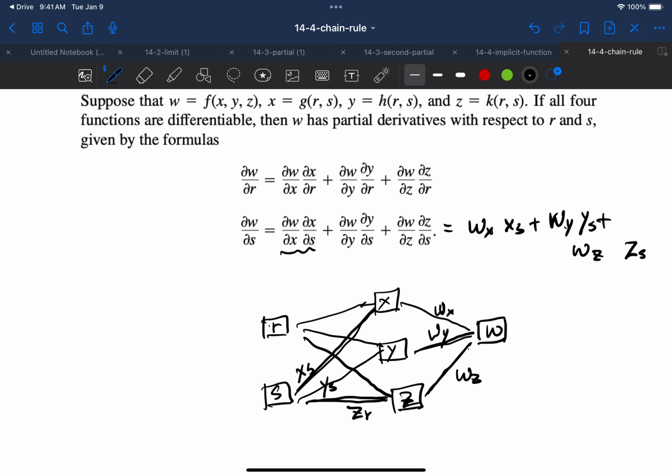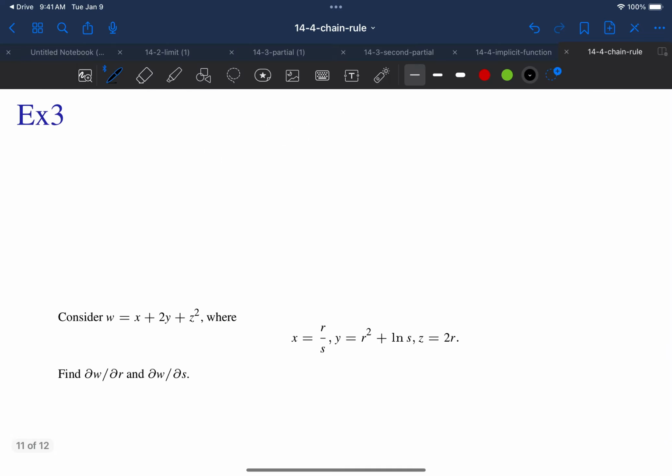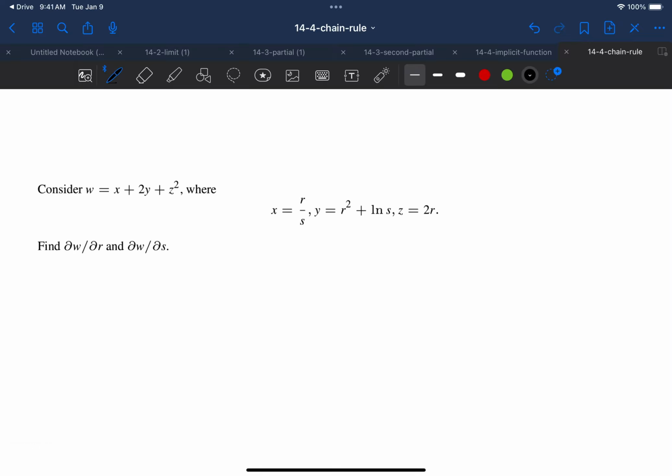All right, now we can see the next example. w is a function of three variables, and x is a function of r and s, two variables. y is also an r, s function. z is just depending on r, but you can think of it as a function of r and s; it doesn't matter.